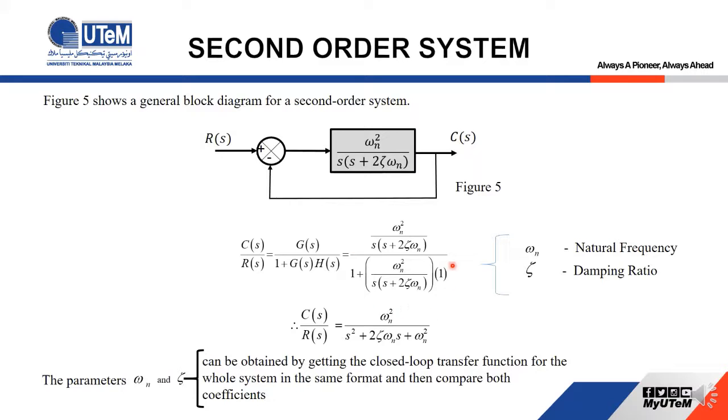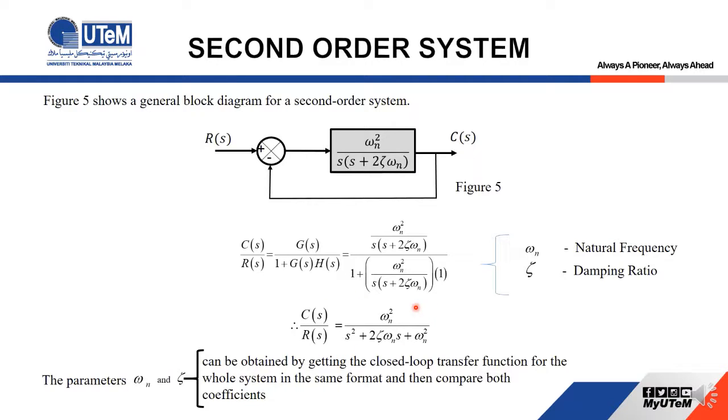After we solve this, we get C(s) over R(s) equal to omega n squared divided by s squared plus 2 zeta omega n s plus omega n squared. This is the general equation for a second order system.